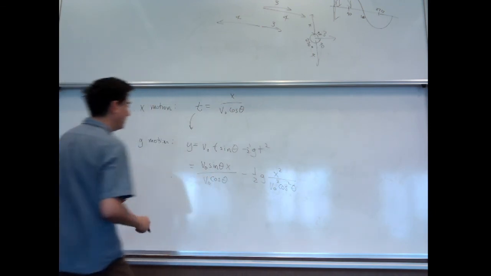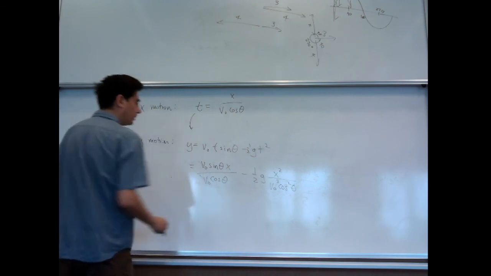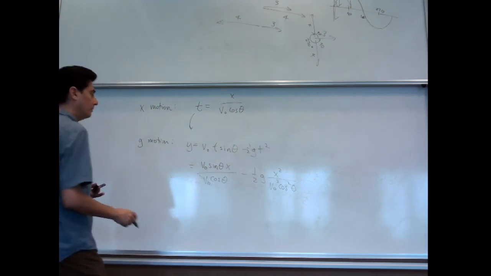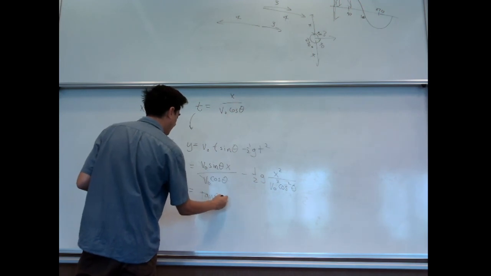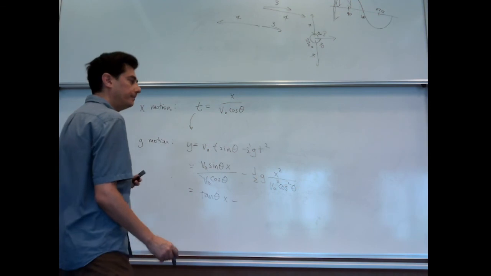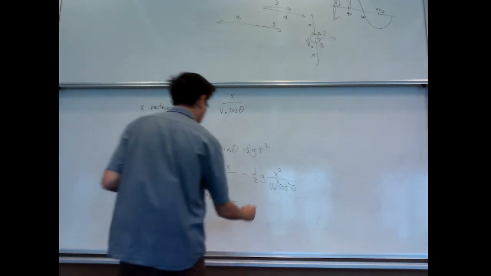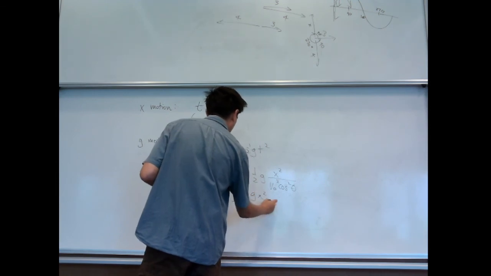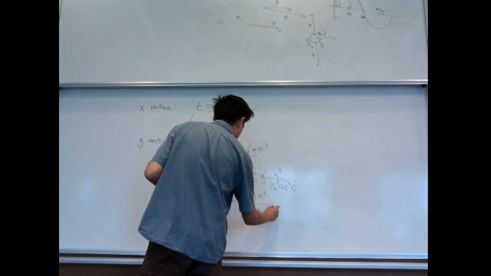Sorry, missed that. Simplify a bit, so the v naughts cancel. We've got tan theta x minus, can we simplify this any more? Not really, g x squared over 2 v naught squared cosine squared theta.